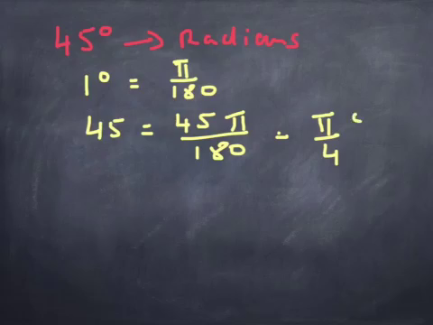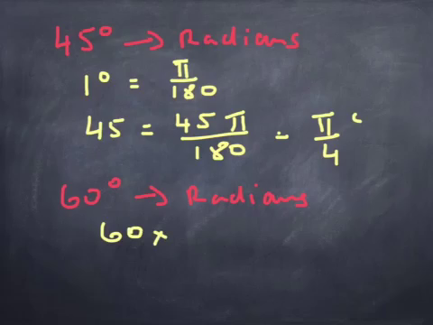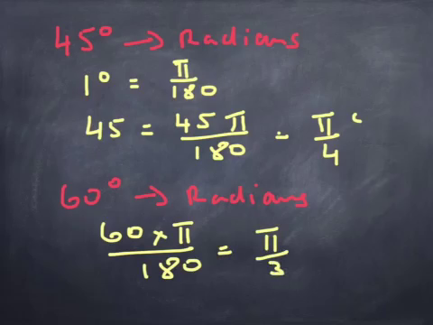For 60 degrees to radians, you're getting the idea. Our answer is simply going to be 60 times pi on 180, and that equals pi on 3 radians. Finally, the last one was 90 degrees, and you can probably see that that's just going to equal pi on 2 radians.